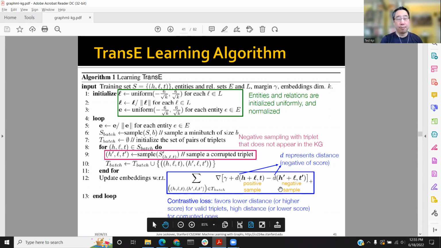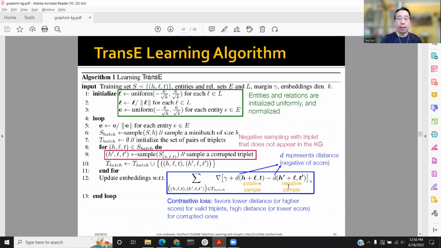You're going to get a really big number here. In addition to that, we're going to add a hyperparameter gamma, a small number like 1. And that is our loss function. When we do gradient descent, we want to minimize our loss.